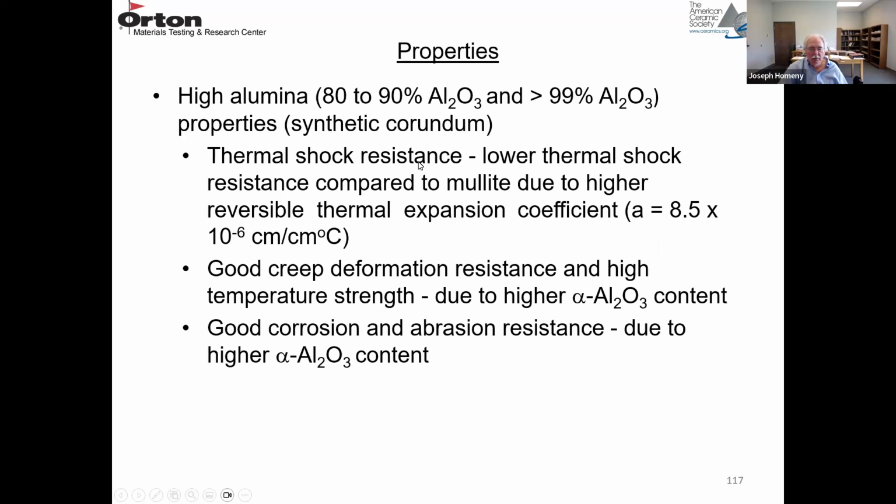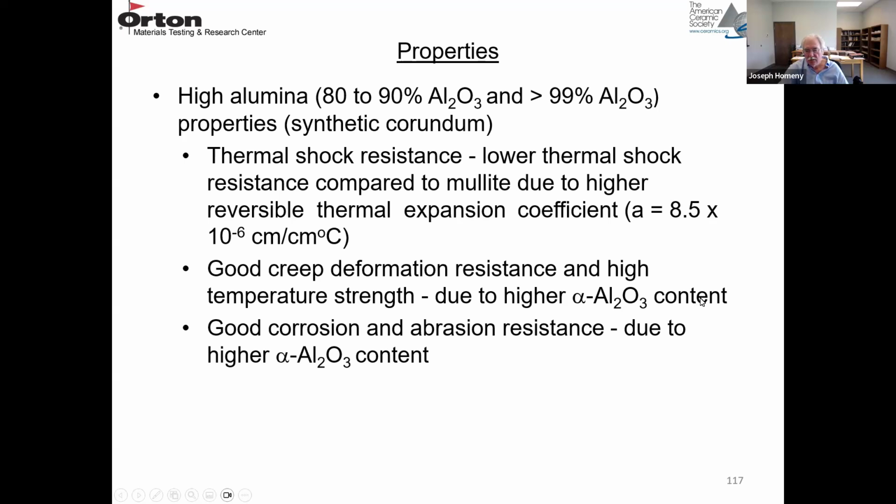And now the thermal shock resistance is going to go the other way as you increase the alumina content. You're going to have more corundum and less mullite present. And alumina has a thermal expansion coefficient of 8.5 times 10 to the minus 6 per degree C. So the higher thermal expansion is going to decrease thermal shock resistance.